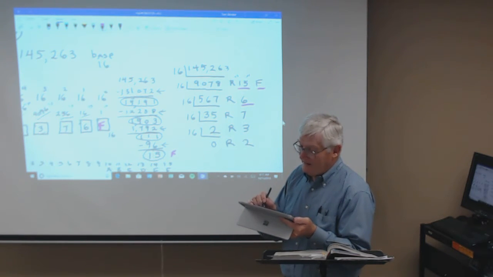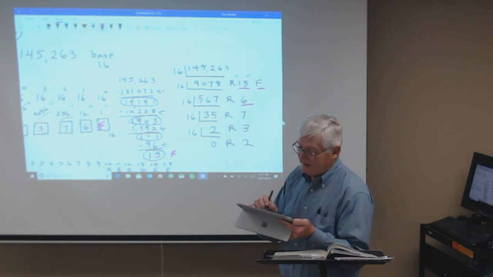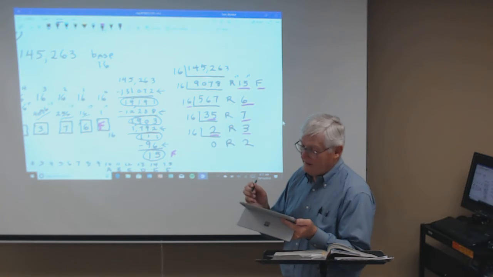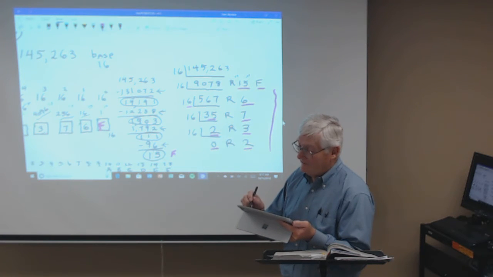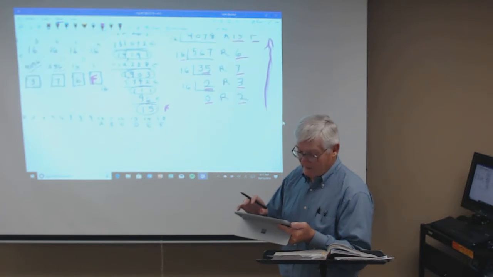Divide this number by 16, and you get 35 with a remainder of 7. Divide 35 by 16, you get 2 with a remainder of 3. Divide that by 16, you get 0 with a remainder of 2, and your answer is read going uphill. 2, 3, is that what we got before?